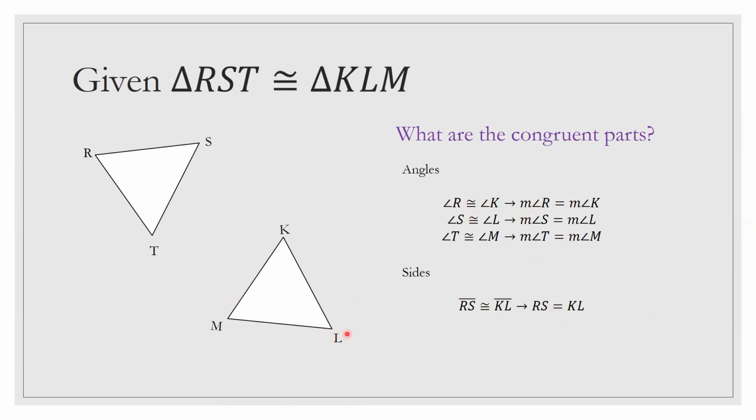Another, segment RT is congruent to segment KM, that implies that RT is equal to KM. And the last part, ST is congruent to LM, then ST is equal to LM. So that's how you look at congruent figures. Okay?